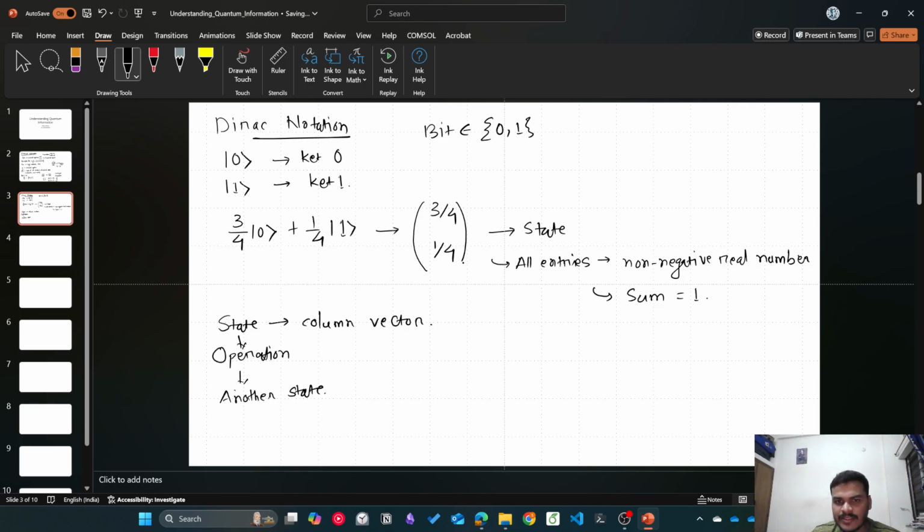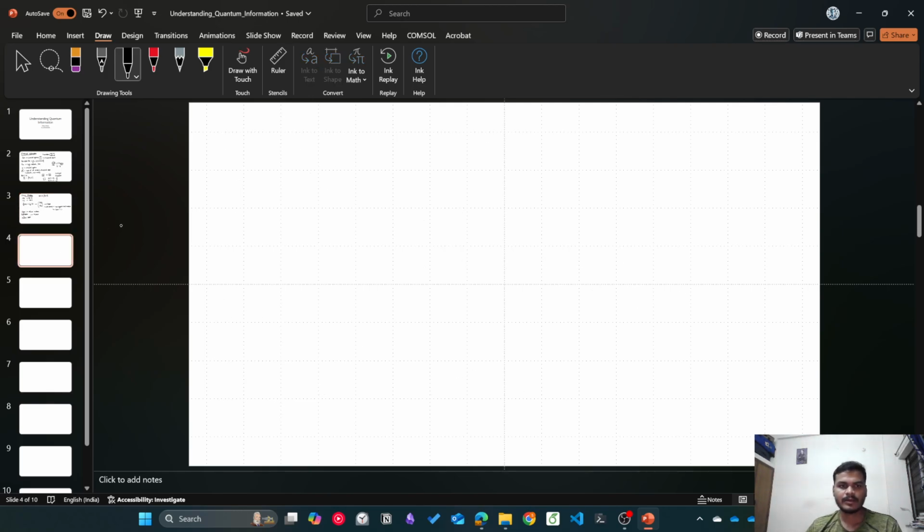So if we represent our state as a column vector, this operation can be represented as a matrix. And this matrix-vector multiplication will give us a new state that is modified by the operation, right? Okay, fair enough. Then let's introduce a concept called measuring.